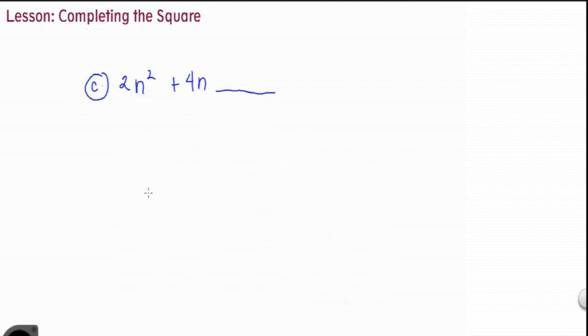So for our third and final given, we have this expression 2n squared plus 4n. Then we have the missing term. So, what do we notice in our given now compared to our first given? Okay? So, as you can see, here, the first leading coefficient became more than 1.